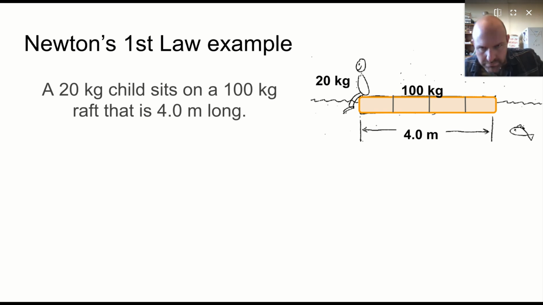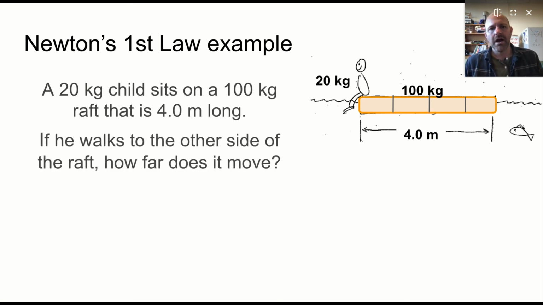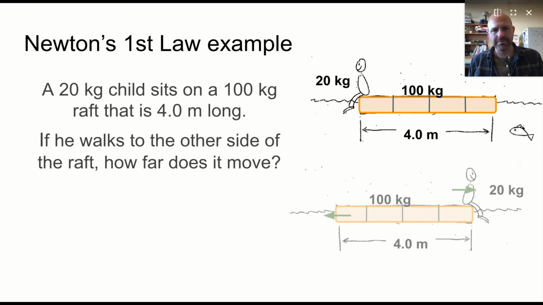A slightly more small scale example, right? A 20 kilogram child sits on a 100 kilogram raft that is 4 meters long. If the child walks to the other side of the raft, how far does the raft move? How far does he move? Well, the center of mass of this system, because there's no net external force on it, has to stay in the same place.